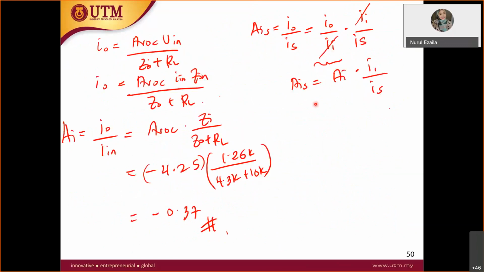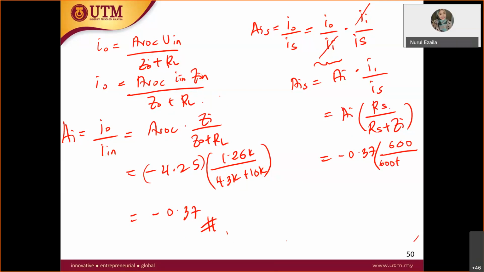So this is equal to the AI times RS over RS plus Z in. So here you plug in all the values. This is 0.37 and RS is 600, so 600 plus 1.26K.